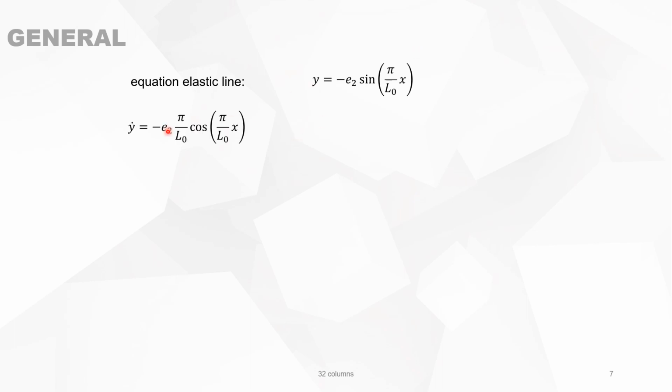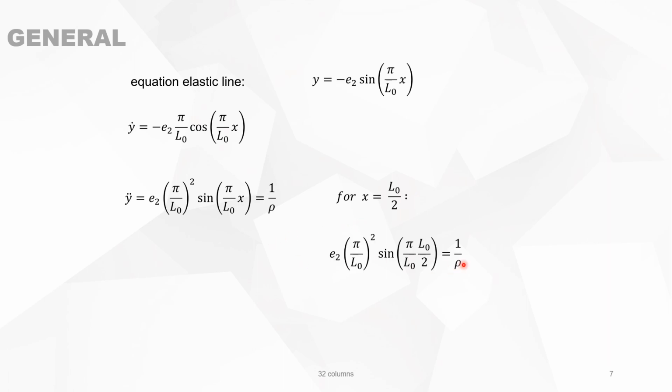We take the first derivative and then the second derivative, and we know that the second derivative is equal to the curvature, 1 over rho. And when X is equal to L0 over 2, then we see that the curvature is equal to this, or E2 is equal to L0 squared divided by pi squared times the curvature, 1 over rho. Now we have an expression for the second order displacement.